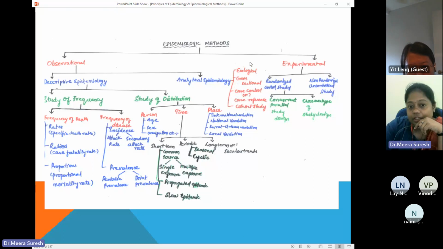In observational studies, we are not doing anything. We are just asking some questions, getting their answers, and observing them. In experimental, we'll be interfering, giving some medicine, vaccine, or whatever. So today's class will start with analytical epidemiology, the first method being the case control method.